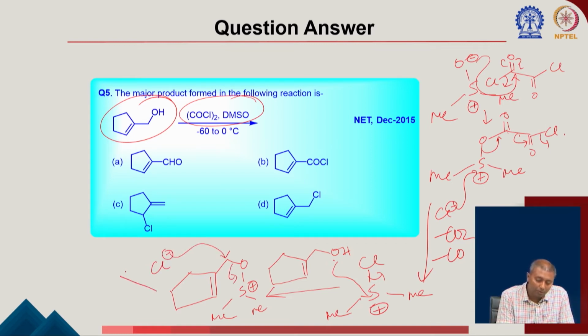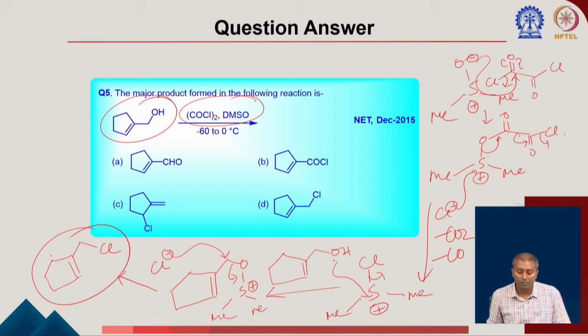So instead of going for an alcohol oxidation, you will end up generating the corresponding allylic chloride as a product. So now if you look into this, A cannot be the answer, neither B or C, so D is going to be the correct option here. So if you remember, if you don't have a base in the Swern oxidation, you end up generating the corresponding allyl chloride.